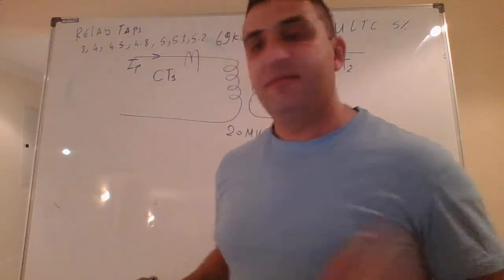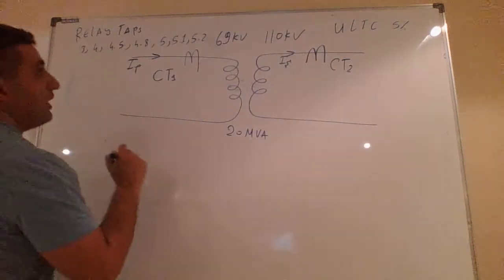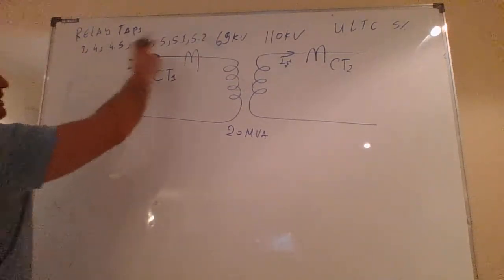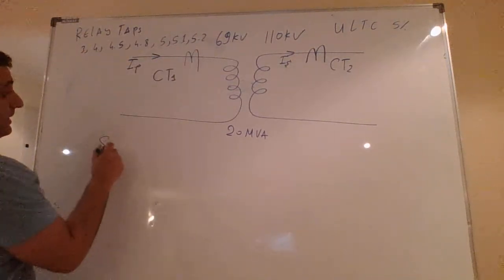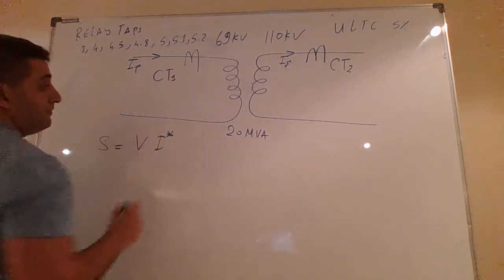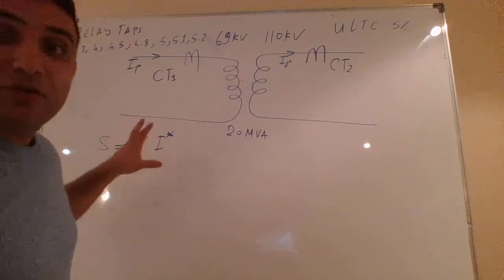Let me try this circuit analysis. It's a single phase transformer, so I can apply straight away S equals V I conjugate. I'm interested in the magnitude of the current.